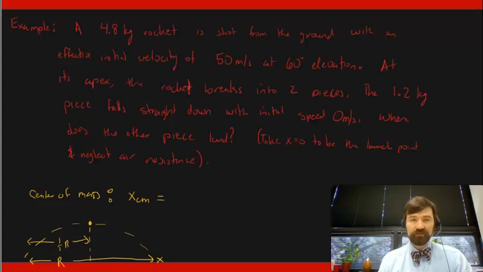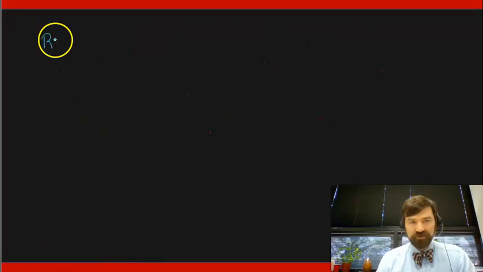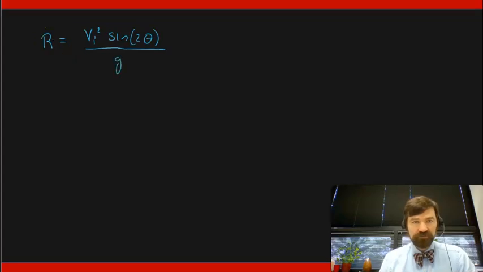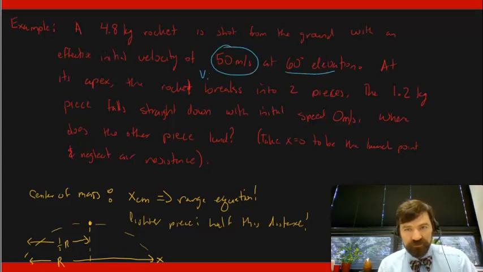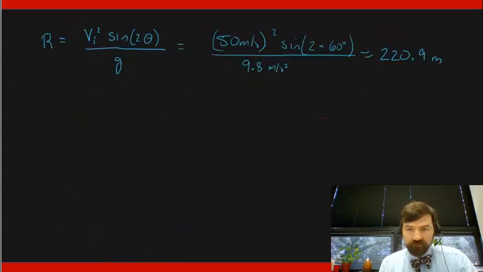So we can find those two pieces and then use that to figure out the third. The range equation says R should look like V initial squared times the sine of 2 theta divided by G. If we go back to our original problem, this right here would be V initial, this right here would be theta initial, and of course G is 9.8.